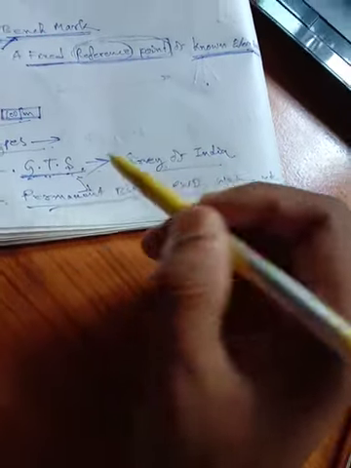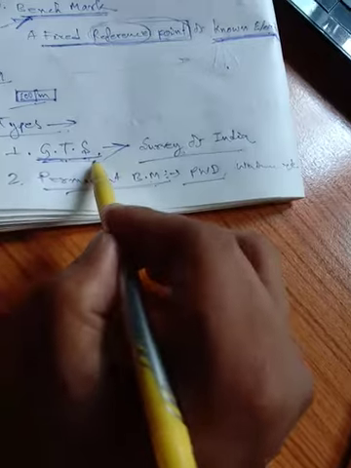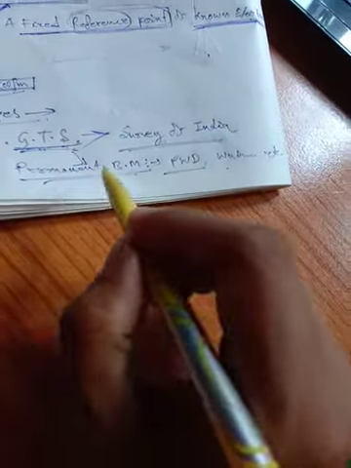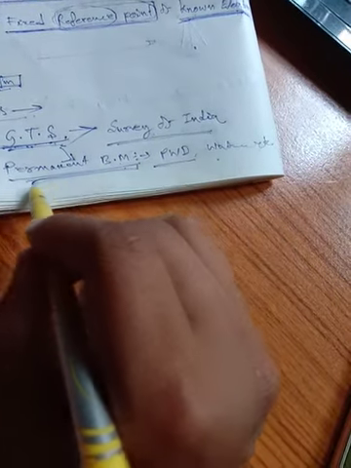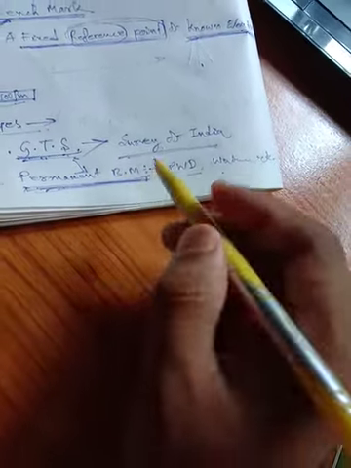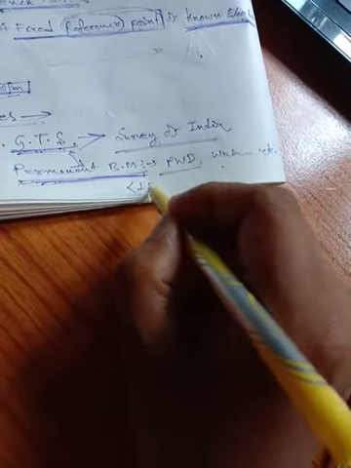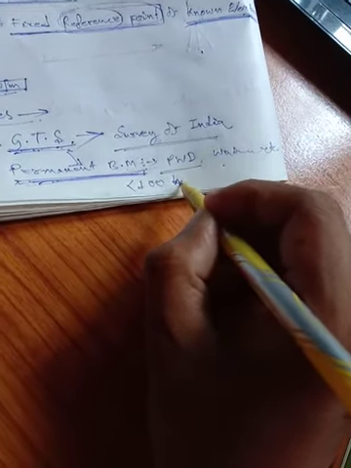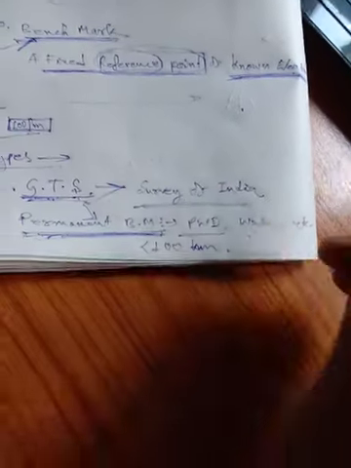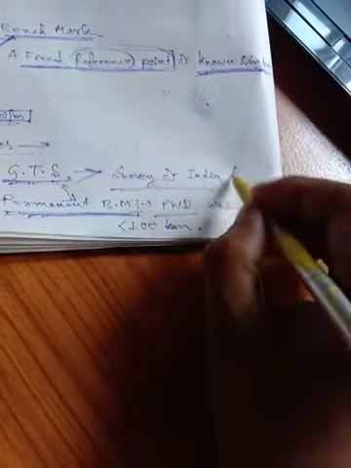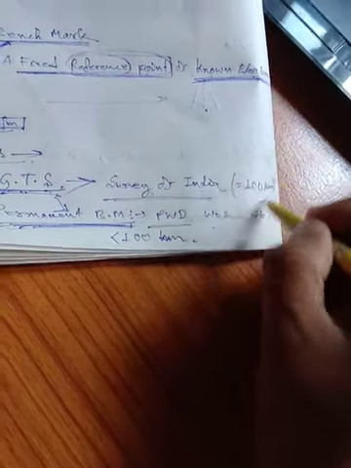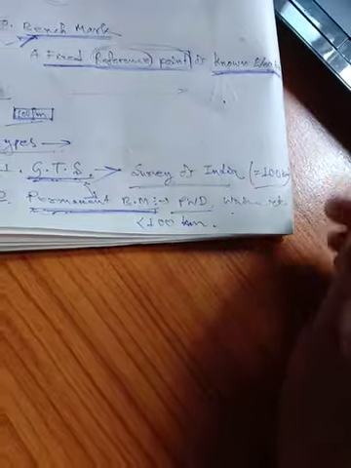By measuring the reference height from the GTS given by the Survey of India, the PWD and other state agencies give other benchmarks, which are termed permanent benchmarks, whose interval is generally less than 100 kilometers, because GTS benchmarks are given at an interval of 100 kilometers.